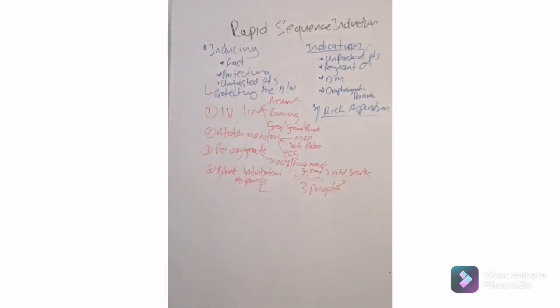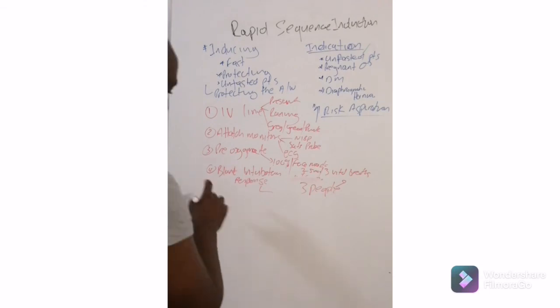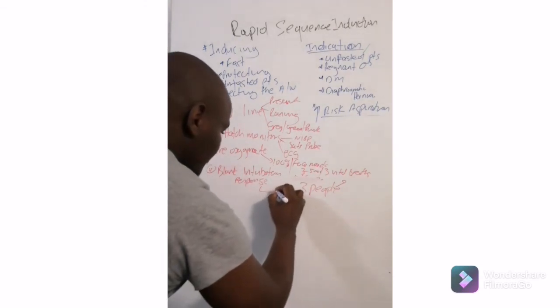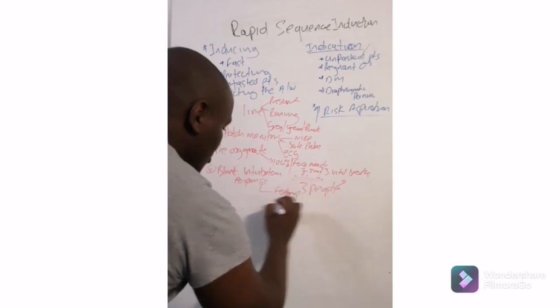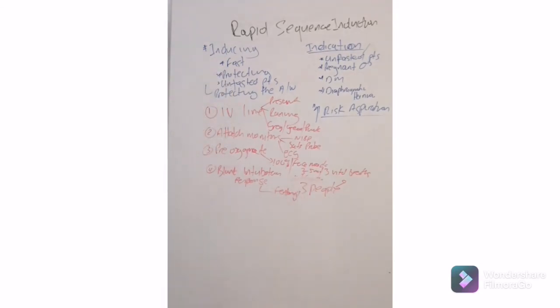The reason why I said an opioid is because most of the times it's an opioid, but there are other drugs that are used as well. So the opioid of choice there is fentanyl. So you give fentanyl to blunt the intubation response.